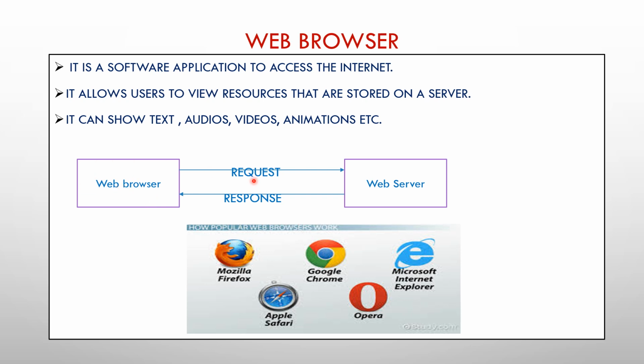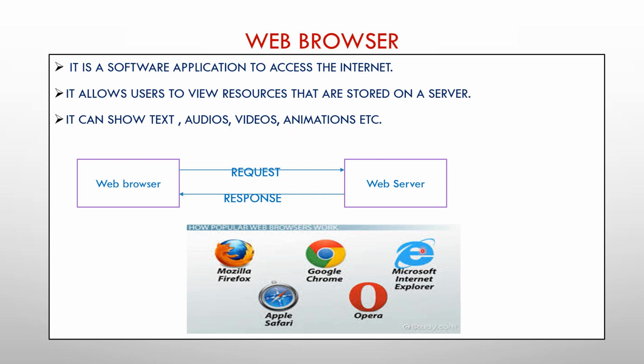So this is the process. You send the request to the web server and the web server sends back the response to your system. This is the client, and this is the web server. It allows users to view resources that are stored on a server. It can show text, audio, videos, animations, etc.